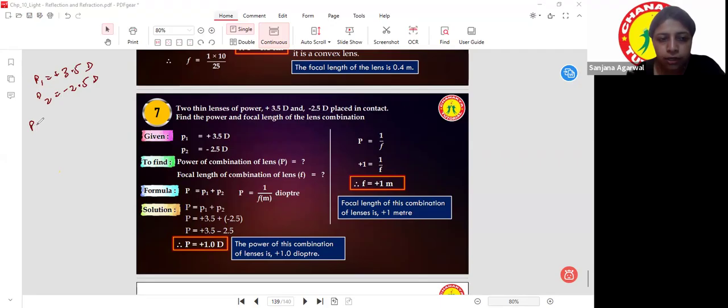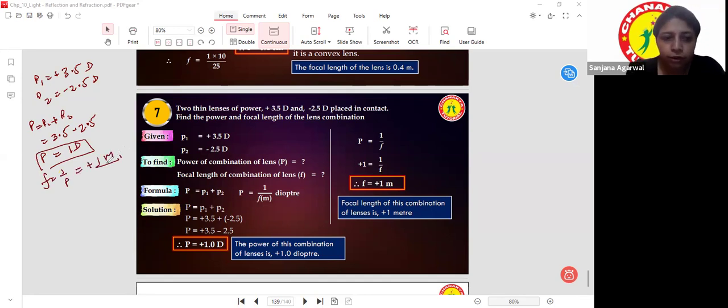So for the combination, P equals P1 plus P2, plus 3.5 minus 2.5, that is 1 diopter power. And now we need to tell the focal length of this combination. F equals 1 by P, it will also be positive, 1 meter. Okay, children?